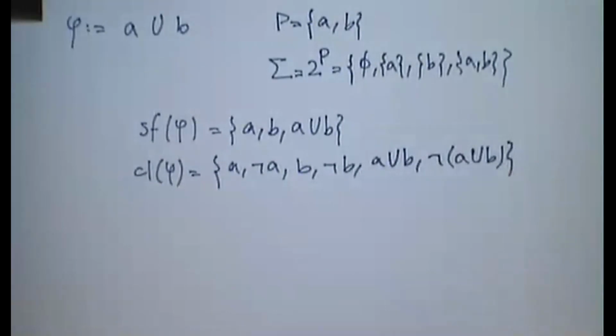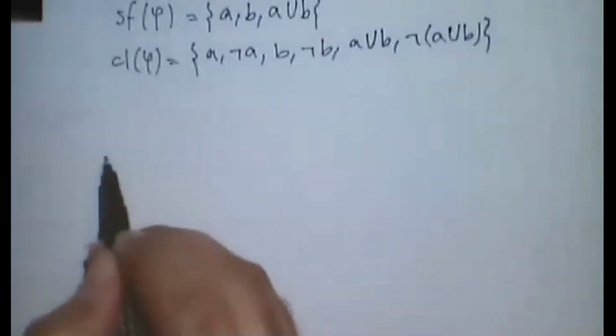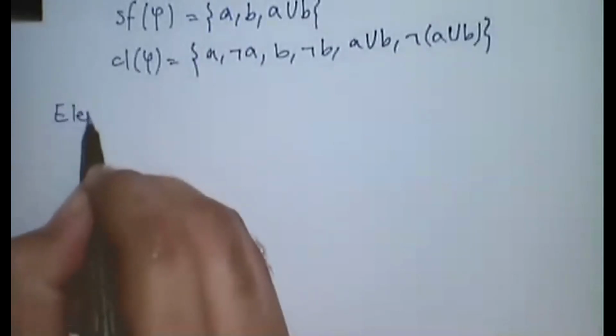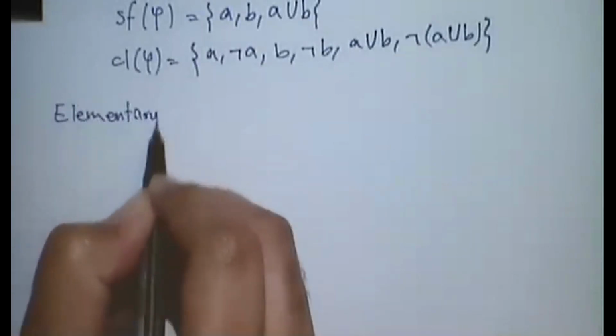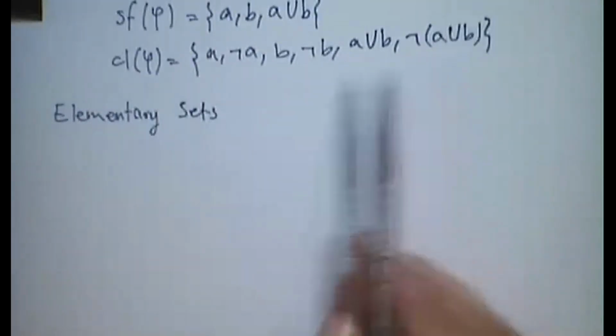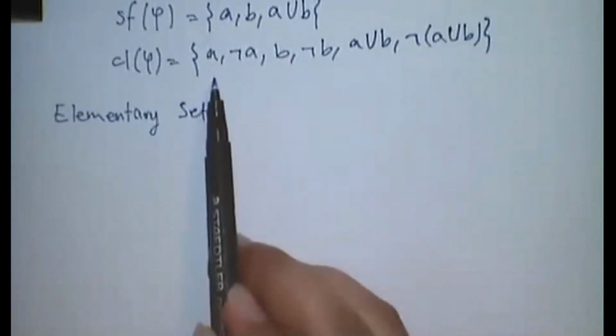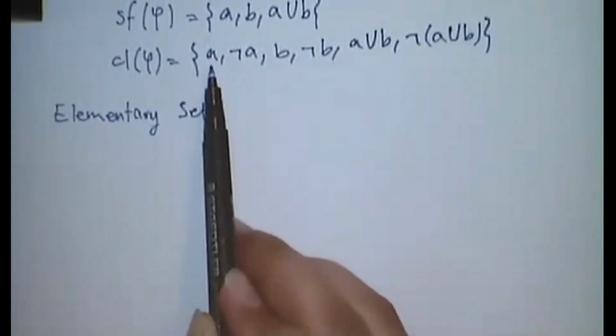Now, the state space is going to get much larger. So we want to compute our elementary sets. And the elementary sets are all subsets of these formulas, such that, first of all, we don't have any contradictions, and secondly, we have each formula or its negation.